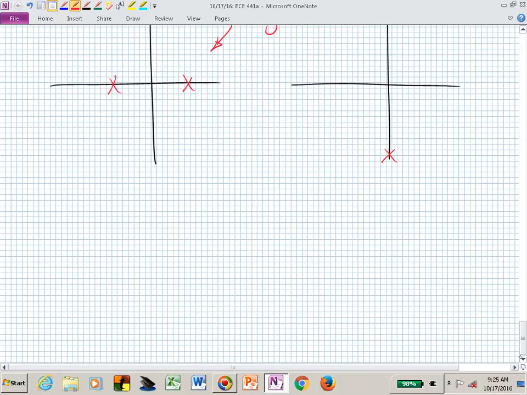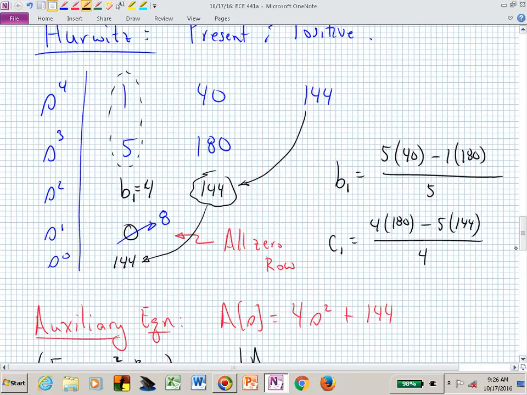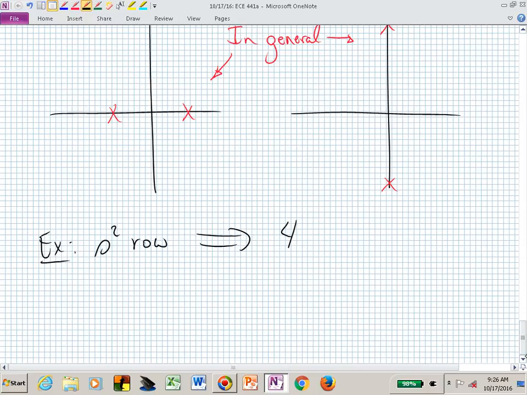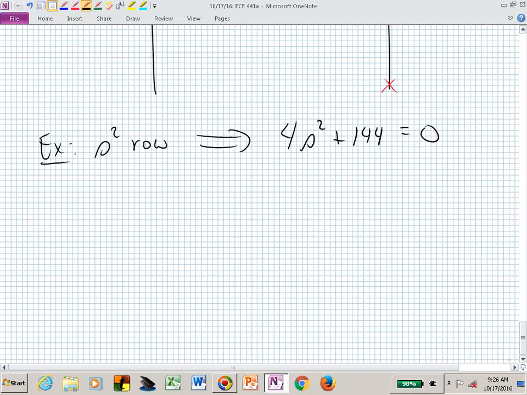So in our case, we know we are concerned with the right picture, but if we go back to the S2 row, it was actually 4, and that's the coefficient of s squared. Then we step over a power of s and pick up the 144. The polynomial then is 4s squared plus 144, and we want to know what values of s satisfy that polynomial equation.